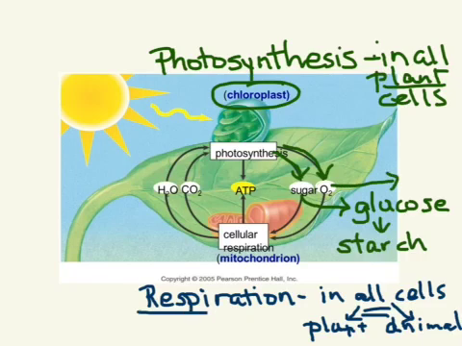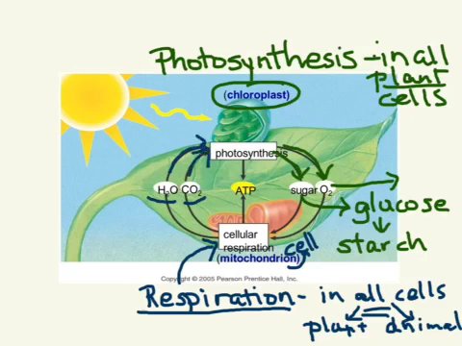Then there's something called respiration. Respiration takes place in all cells within a different part of the cell, the mitochondrion, which you haven't gotten to yet, and it's the opposite. It gives off water and it gives off carbon dioxide. That water and carbon dioxide go back in for photosynthesis. But remember, respiration takes place in all cells.